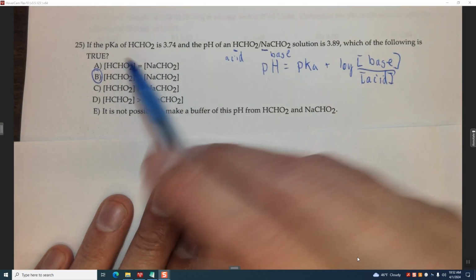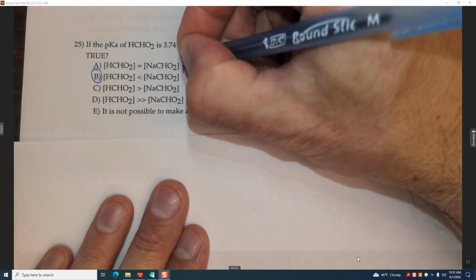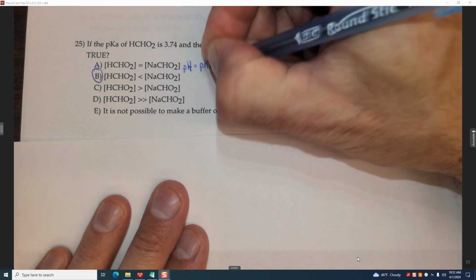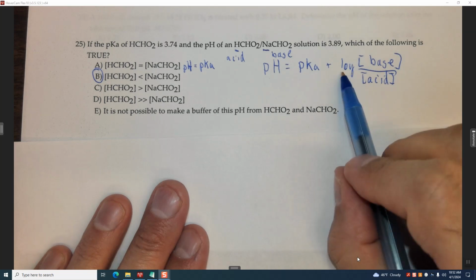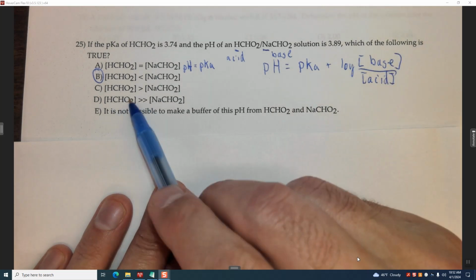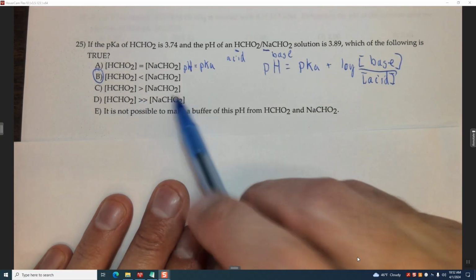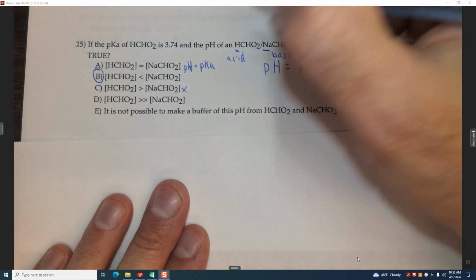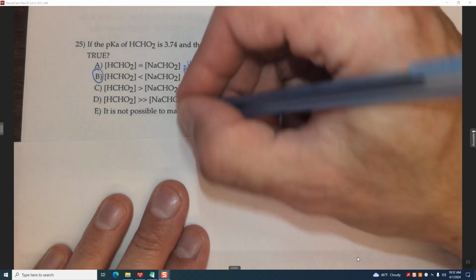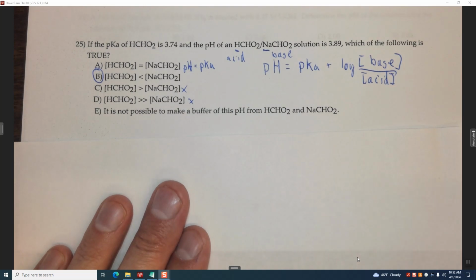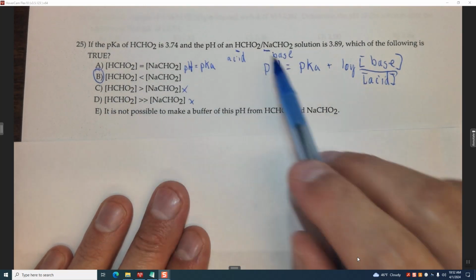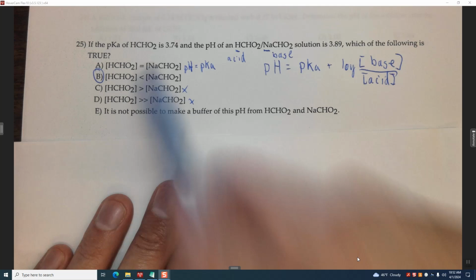If the two things are equal, the pH equals the pKa, because if these two things are equal, you have the log of 1, and log of 1 is 0. In this case, the acid is greater than the base. That's not going to work. And in this case, the acid is much greater than the base. That's not going to work. It only works when the acid is less than the base because the pH is higher than the pKa. I hope that makes sense.